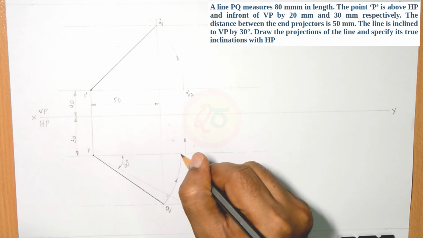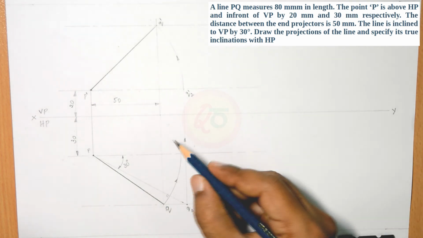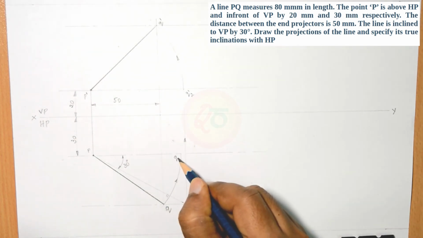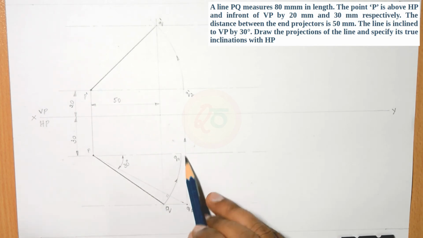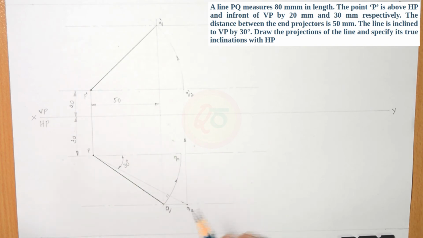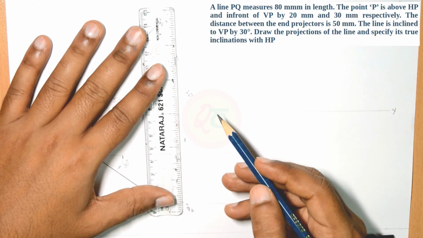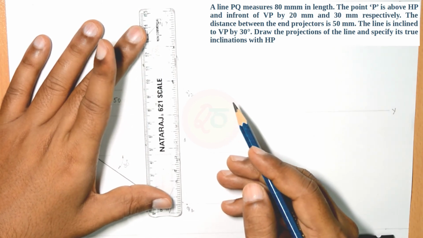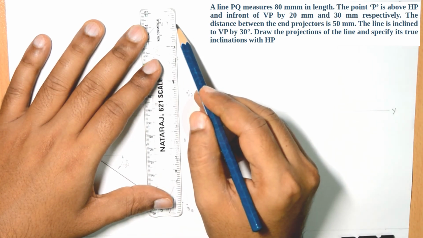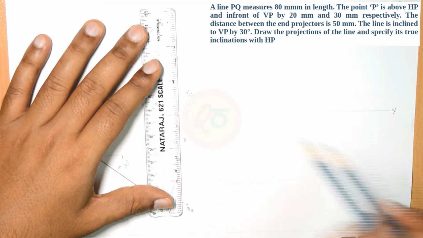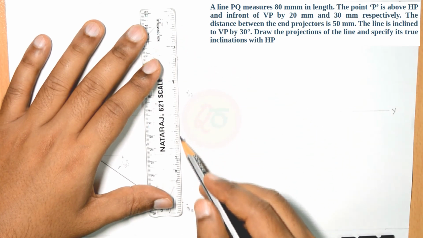From this point, let me call it Q1, the intersection of the PQ radius with P as center until the locus of P. From Q1, I'll draw a vertical line which intersects the locus at Q dash, very lightly with your 2H pencil or your HB pencil.